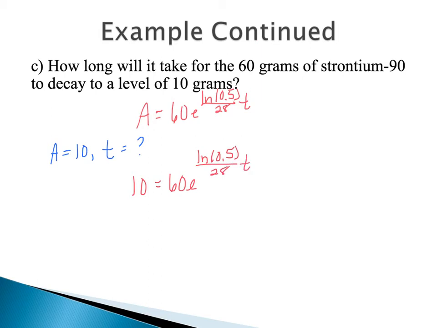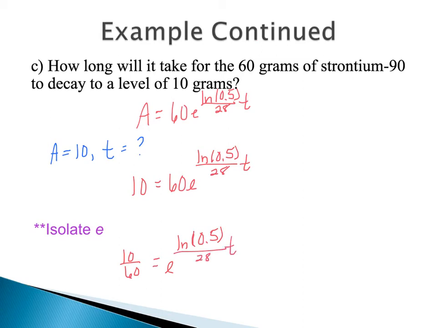So essentially we're going to be following very similar steps to what we did in part A when we were trying to find K. We need to isolate the exponential first, so I'm going to have to divide both sides by that 60. So when I divide by 60, I'm going to end up with 10 over 60 equals e to the natural log of 0.5 all over 28t.